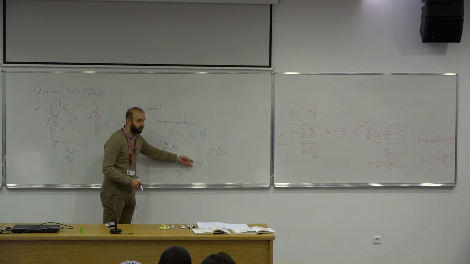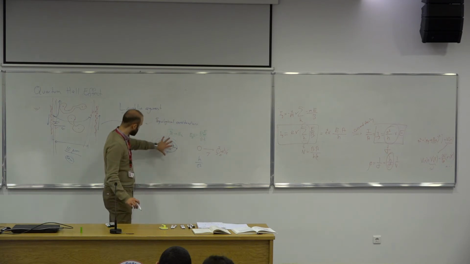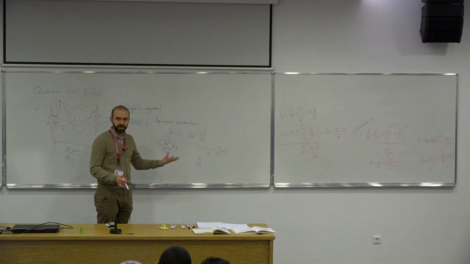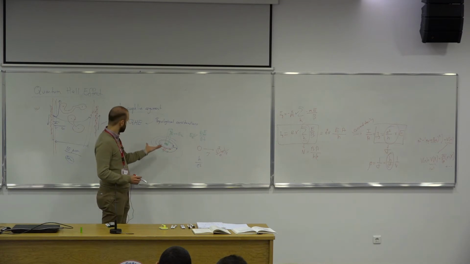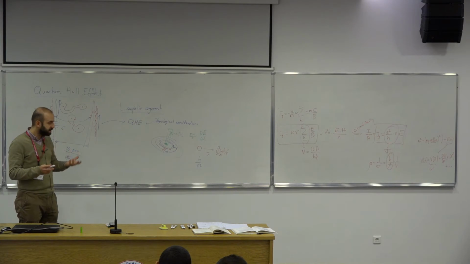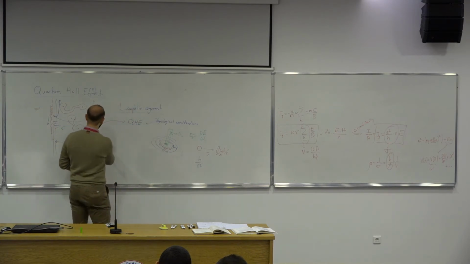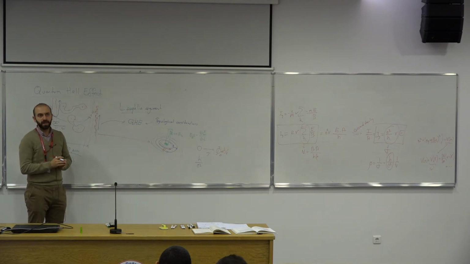Now, if you think about this geometry, and I don't want to go into the details of the calculation, but trust me with the result. If you look at this system, it has nothing to do with the Hall bar geometry. But deep down, you can actually transform from this geometry to this geometry without doing anything.